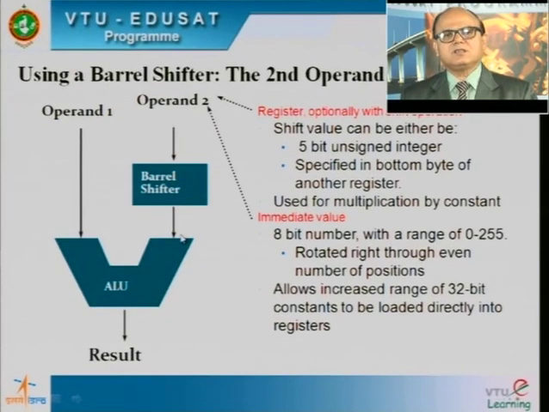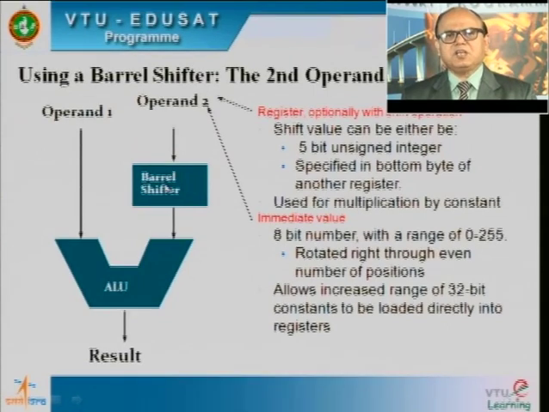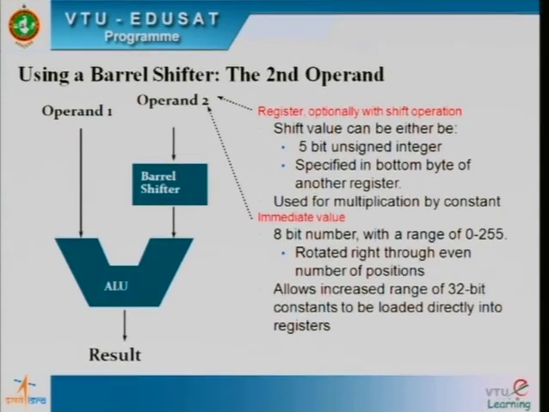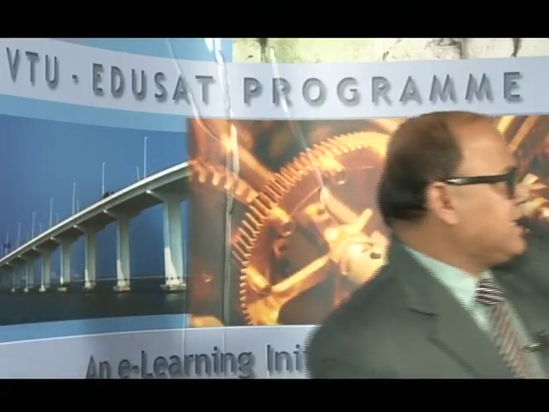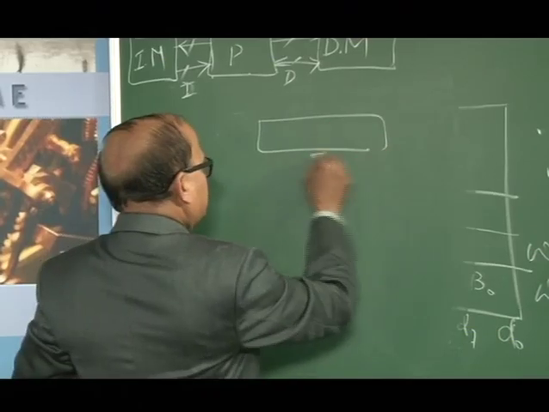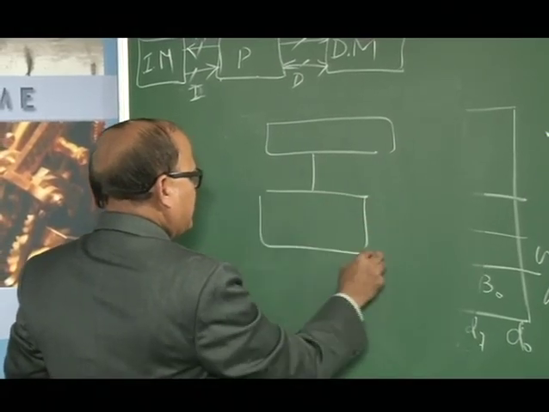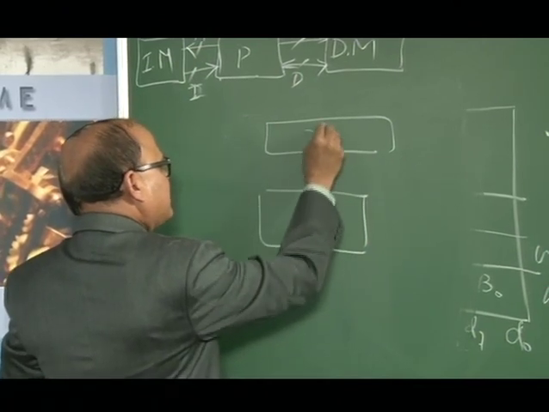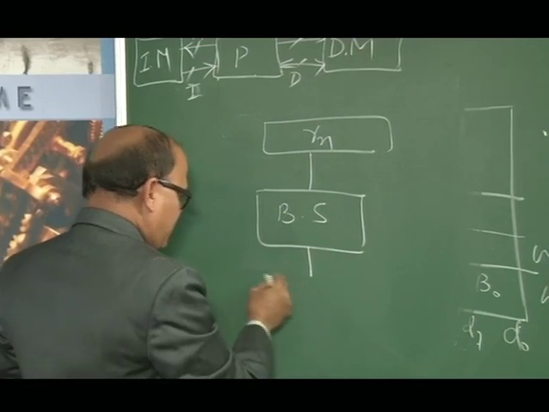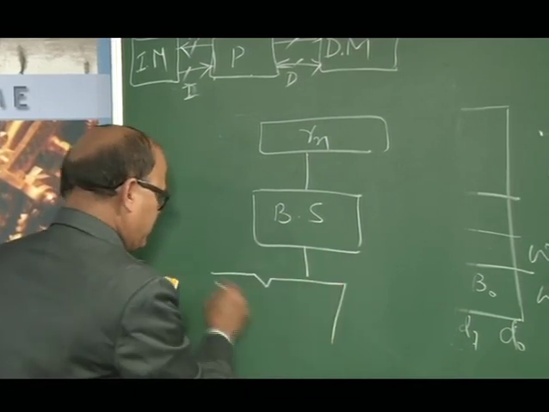It can shift right or left. I can shift a number and then feed it to the ALU. I get the content of Rn, give it to the barrel shifter, and from the barrel shifter I give it to the ALU.